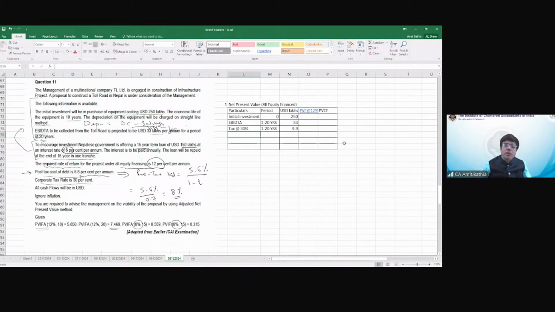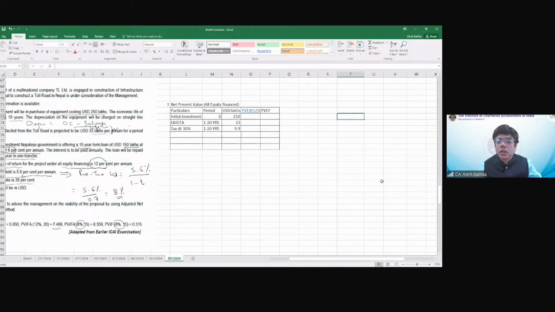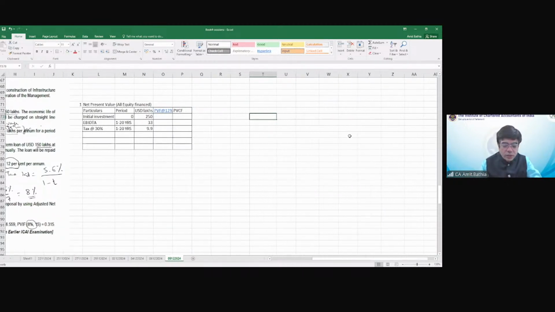Now normally when we compute CFAT, what do we do? This is only for your understanding purpose which I am writing over here. Normally I say EBITDA, from that I say less depreciation, then I get EBIT.